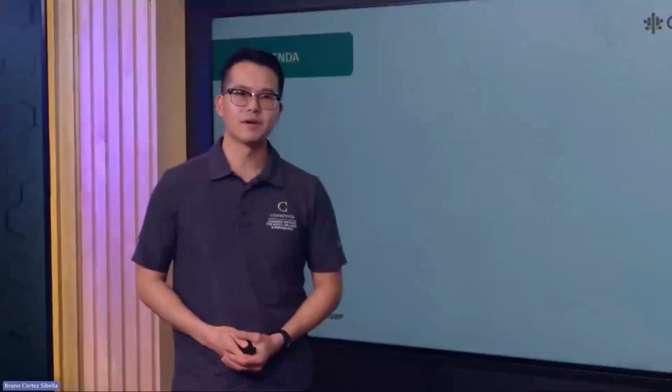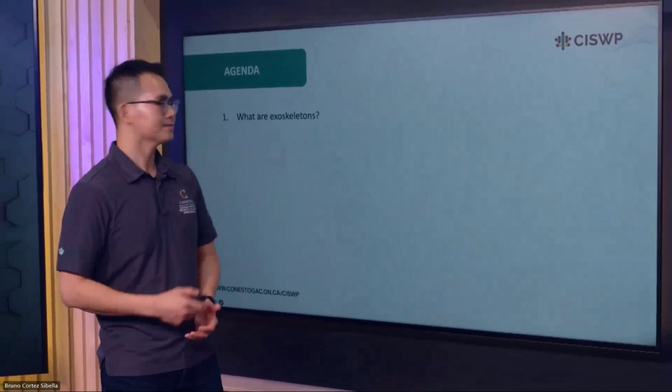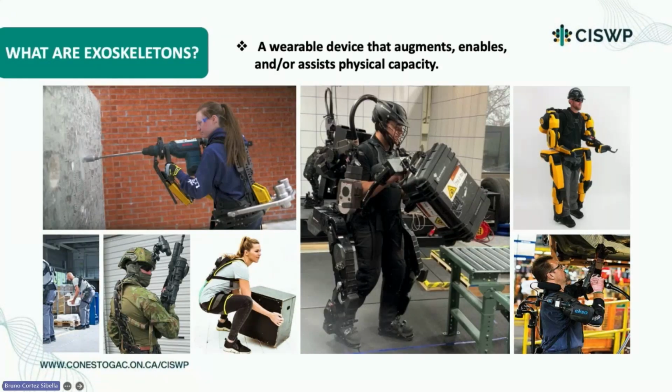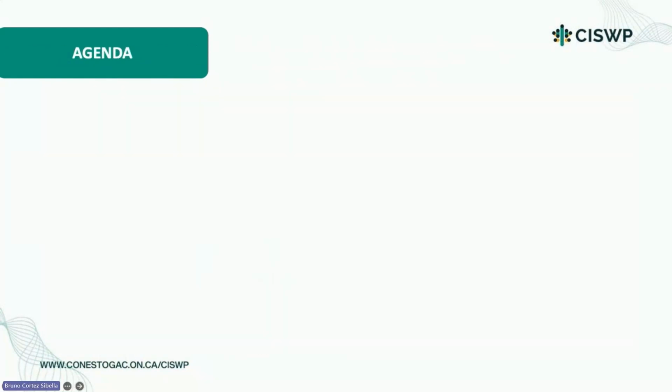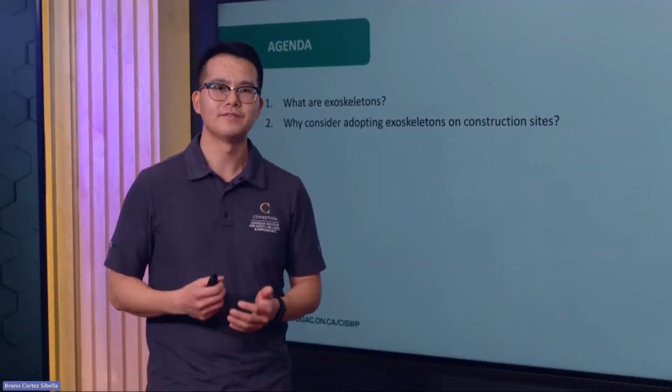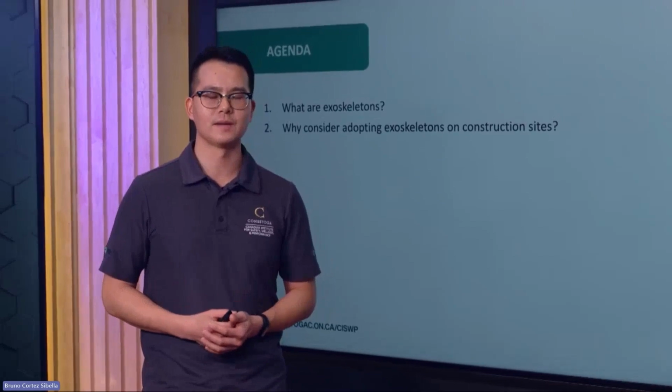So for today's webinar, I've divided it into answering 3 key questions. First, I'll talk about what are exoskeletons and the different types of exoskeletons that are commercially available. Next, I'll talk a little bit about why construction companies might want to adopt exoskeletons and the factors that should be considered when adopting.